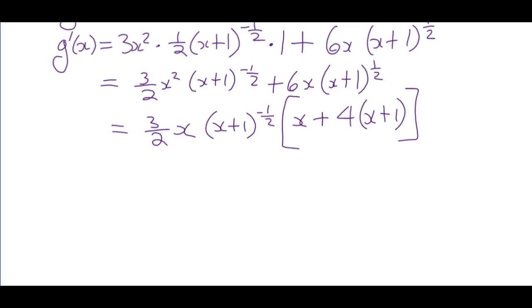Okay, and now we're just going to simplify this here. So we got 3/2 x. Actually, let's put stuff where it belongs. Up top we got a 3 and we got an x. This goes on the bottom under a radical, along with the 2. The 2 belongs on the bottom. This belongs on the bottom under a root sign because it's minus a half.